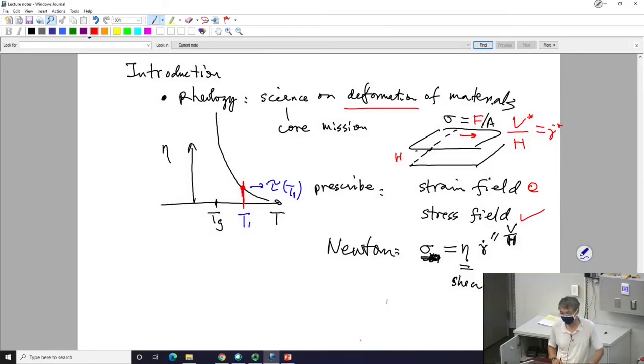So just pick a temperature relevant for polymer processing. There will be a particular viscosity, there will be a particular relaxation time, and the reason I emphasize this relaxation time is because we will quickly get to the bottom of issues such as whether this deformation field should always be expected to be linear or not.